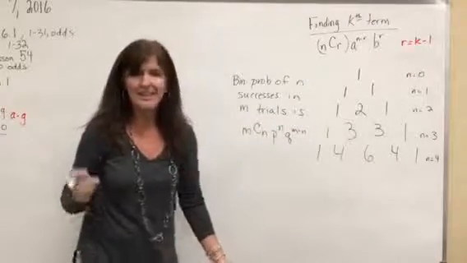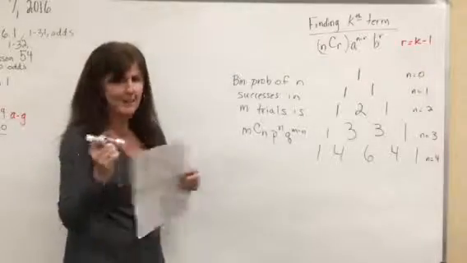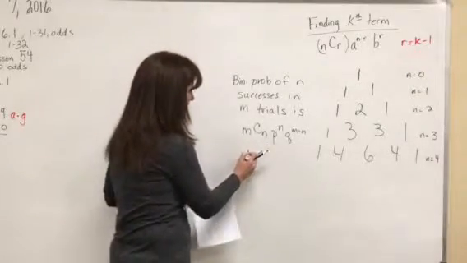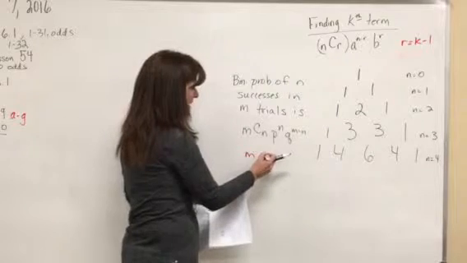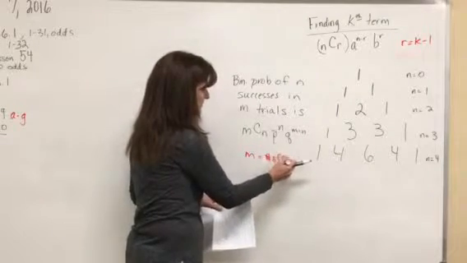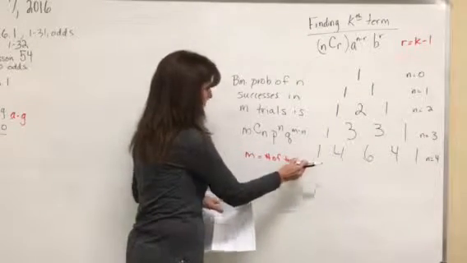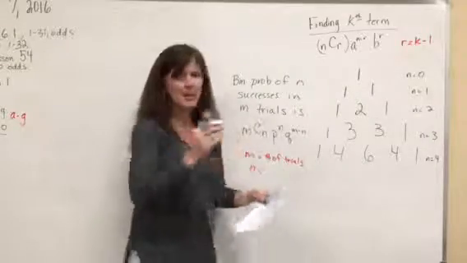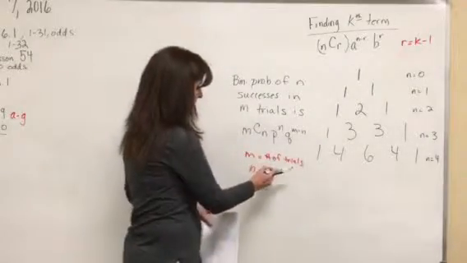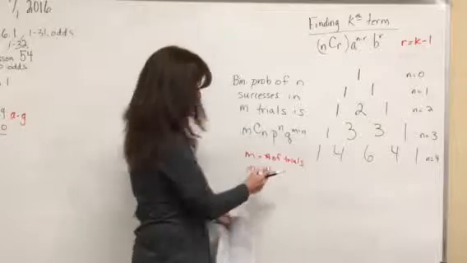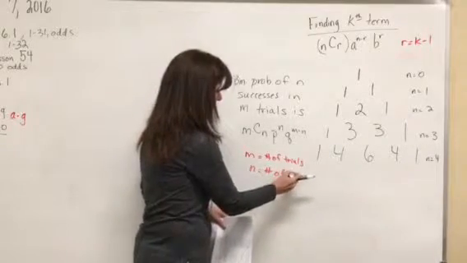Now I know that's a lot. Let me try and break this down for you, make it a little bit easier. So m, it says m trials. M is the number of trials. N is the number of successes you're looking for. And it will become evident as we go through this.